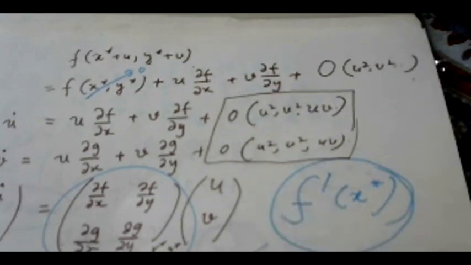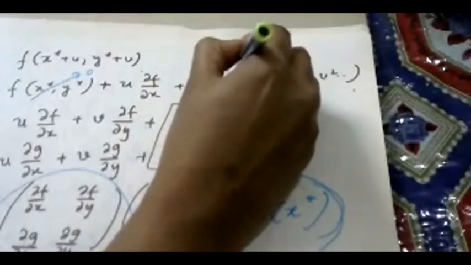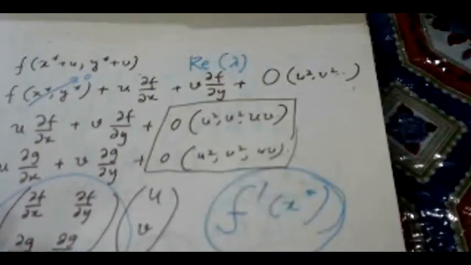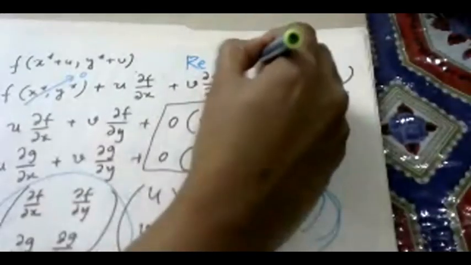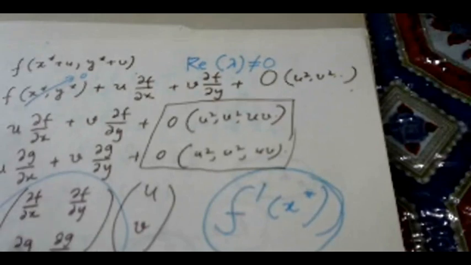So all these fixed points where you have eigenvalues of this matrix, let me just write it very clearly. The eigenvalues of this matrix, if the real part of lambda of this matrix is non-zero, either positive or negative, okay, or one positive, one negative.